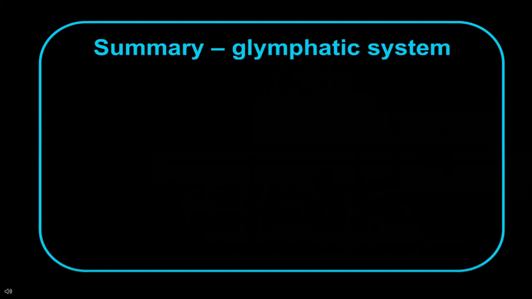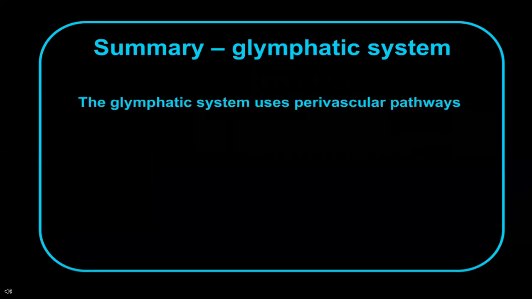So to summarize here for the parts on the glymphatic system, the glymphatic system is a clearance system that uses perivascular pathways. So it's kind of piggybacking on the vasculature, but it is moving only in the perivascular pathways.